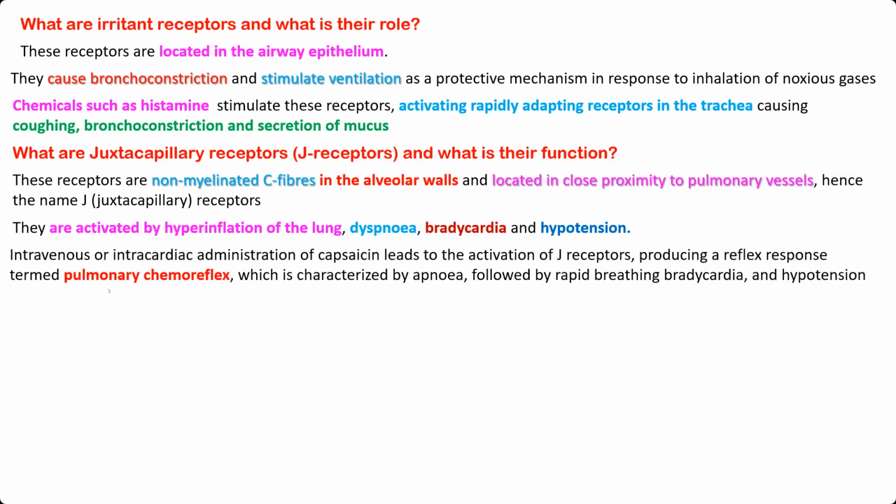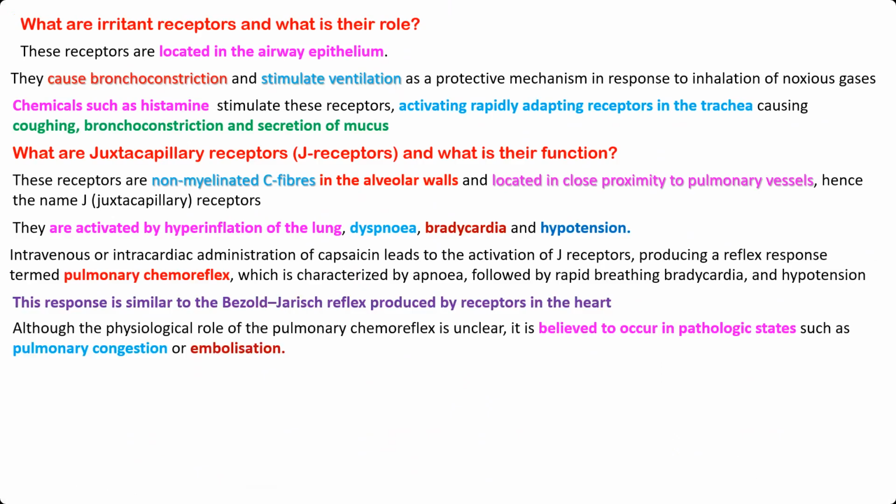Intravenous or intracardiac administration of capsaicin leads to activation of J receptors and produces a reflex called the pulmonary chemoreflex, which results in rapid breathing, bradycardia and hypotension. It is something similar to the Bezold-Jarisch reflex in the heart. It occurs in pathological states like pulmonary congestion and embolism, where this juxtacapillary receptor reflex comes into play.